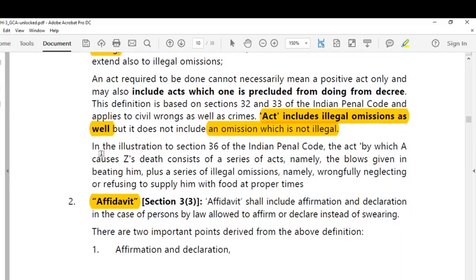In the illustration to section 36 of the IPC, the act by which A causes Z's death consists of a series of acts, namely the blows given in beating him, plus a series of illegal omissions, namely wrongfully neglecting or refusing to supply him with food at proper times.